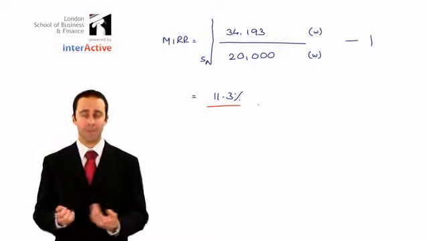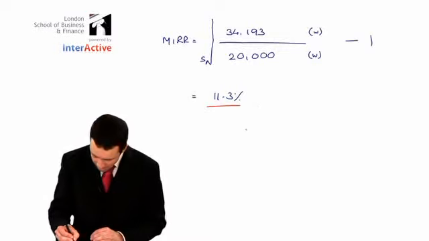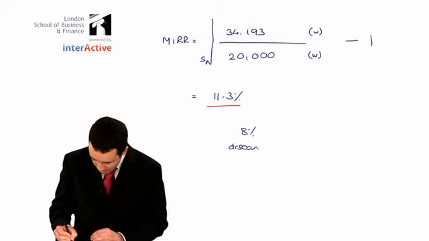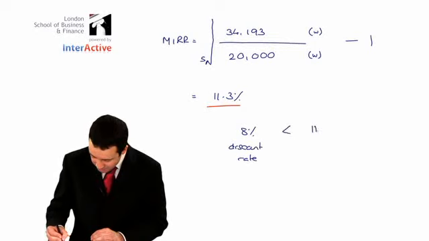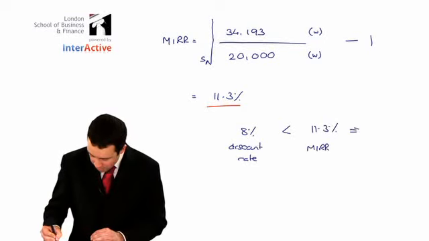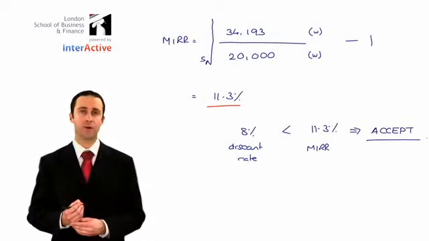If your cost of capital, which is here at 8%, our company discount rate, is less than your modified internal rate of return, we will accept the project.